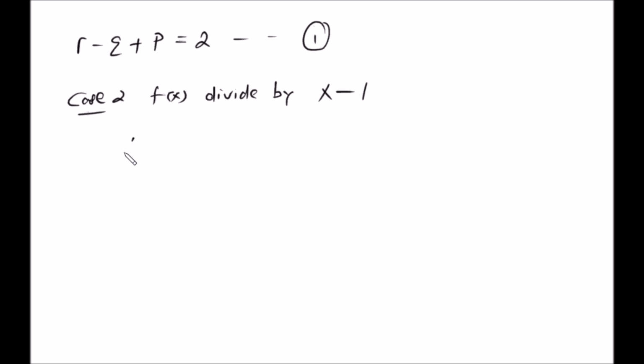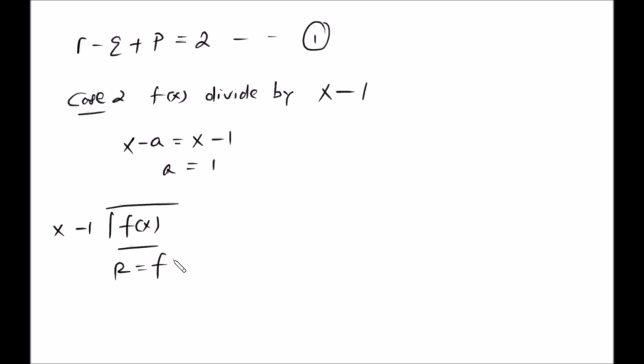So at this time now my x minus a ni x minus 1. So my a ni 1. So nikigawanya hii f of x nikagawanya na hii x minus 1, my remainder ni f of a ambayo ni f of 1. So remember now my f of x ni sawa na r plus qx plus px squared.